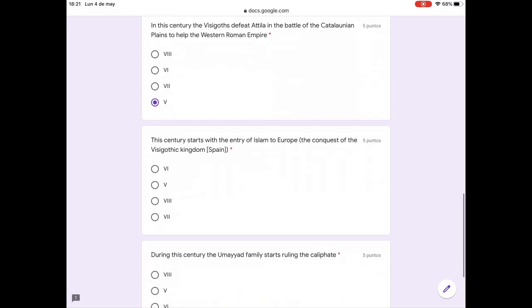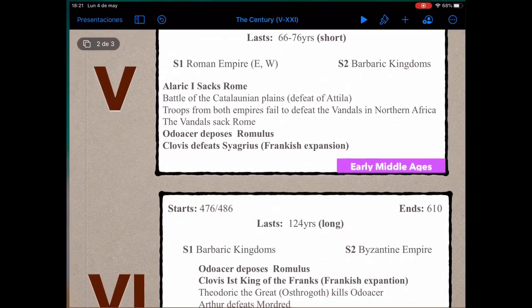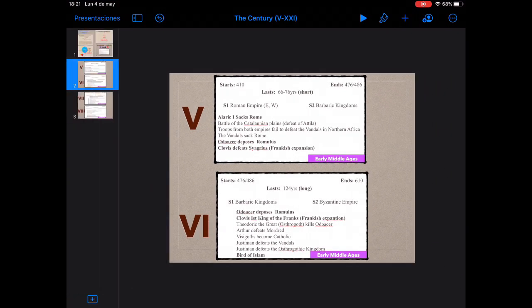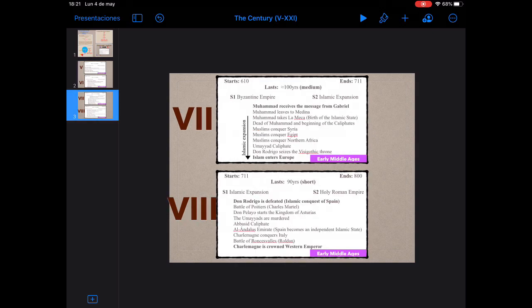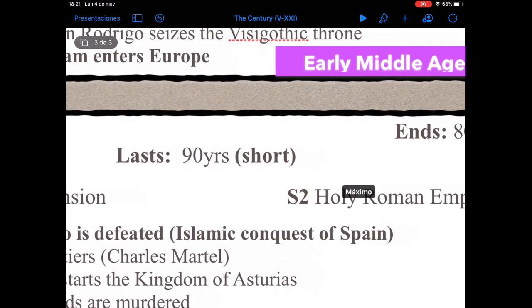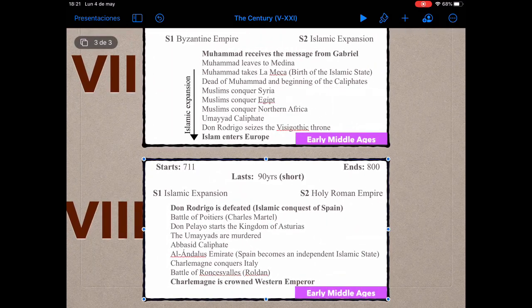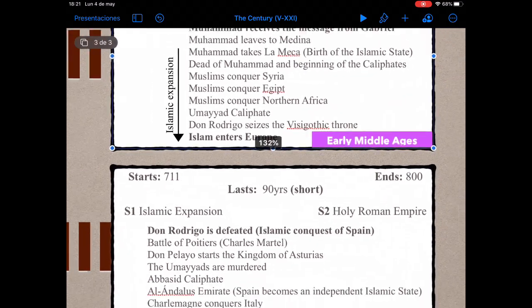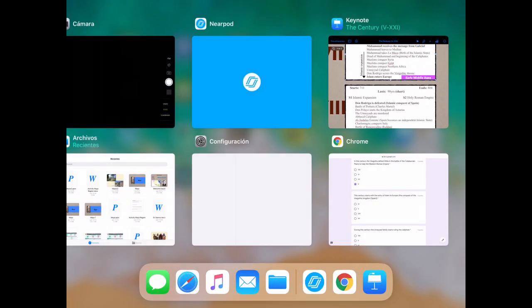Then this century starts with the entry of Islam to Europe, the conquest of the Visigothic kingdom or Spain. Well, we know that it is the 8th century, of course. In here, Don Rodrigo is defeated, the Islamic conquest of Spain, or also Islam enters Europe, the Islamic expansion.